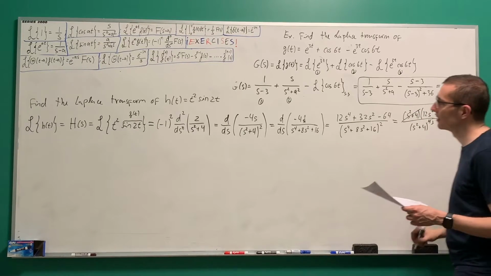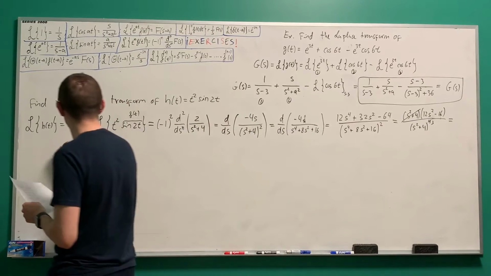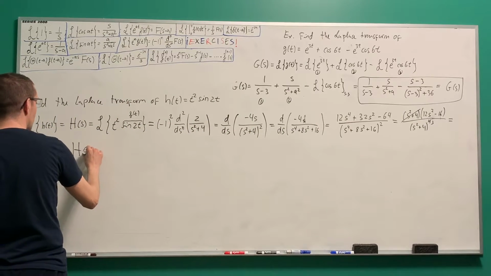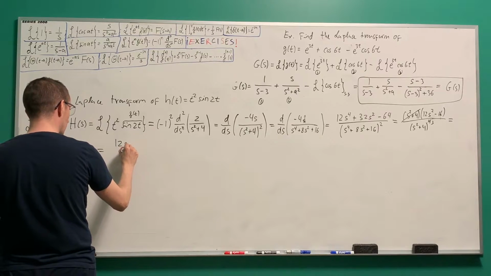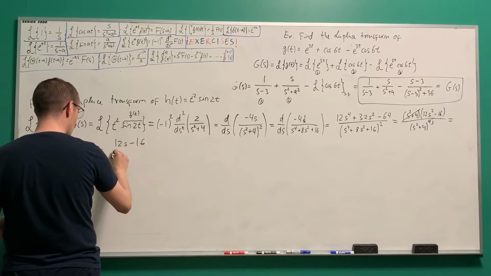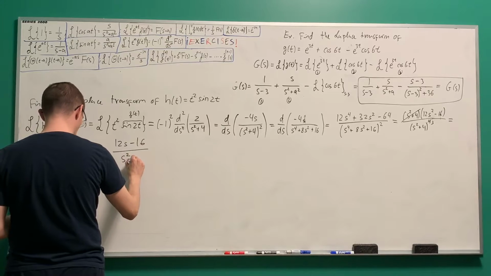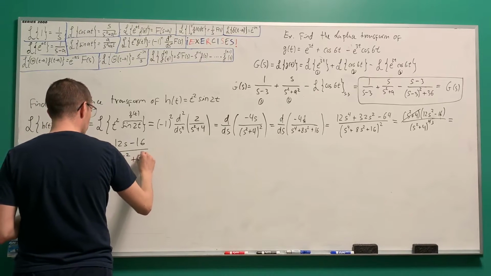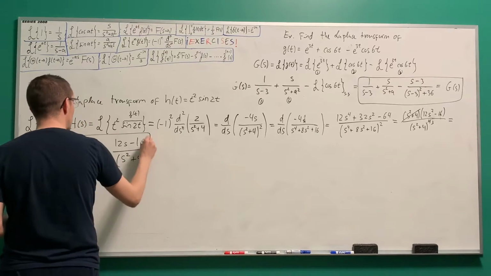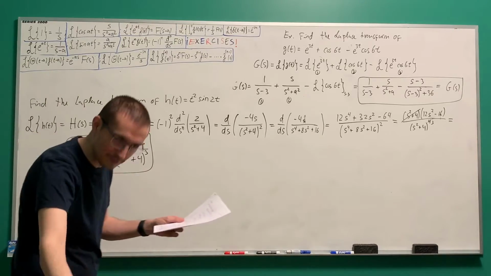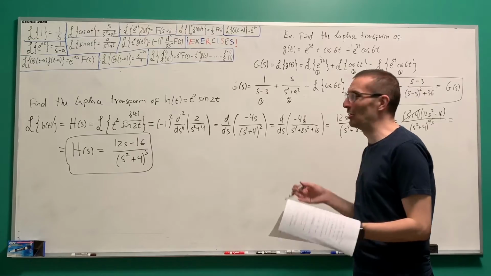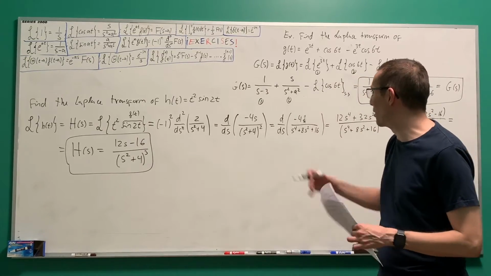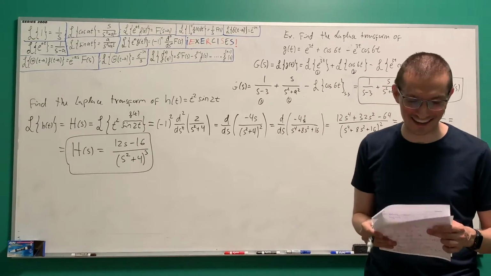So what we get finally, capital H of s, is equal to (12s squared minus 16) divided by (s squared plus 4) cubed. And there you go, another exercise solved. Not difficult, just a bit longer, and you practice arithmetic and derivatives a little bit.